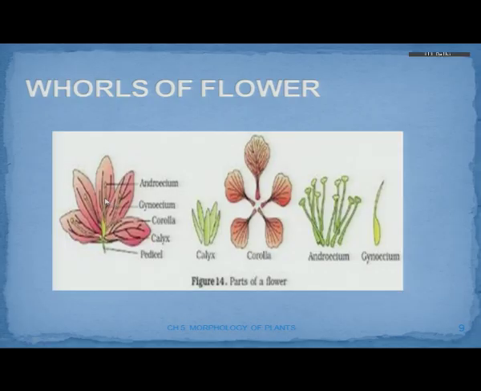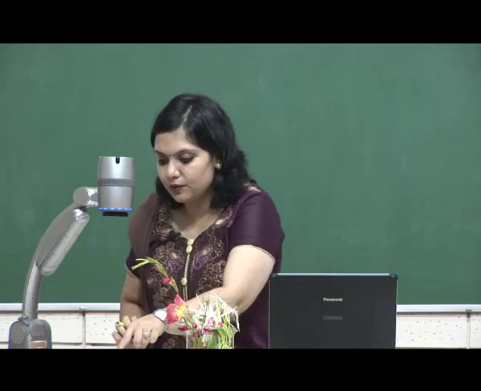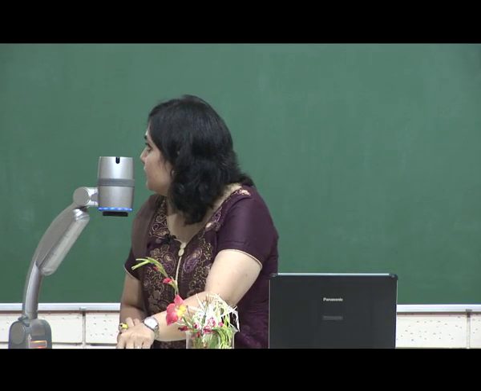Now, when in exam you are asked to describe the 4 whorls of a flower, you are not going to dissect it, and to follow a diagram that is given in a book can be quite cumbersome. So, I am going to teach you a simple way to draw a simple angiospermic flower. Let us zoom out so that you can see what I am drawing.